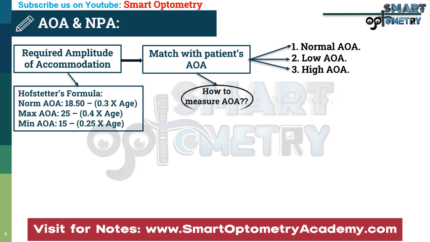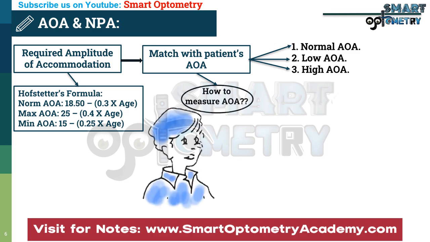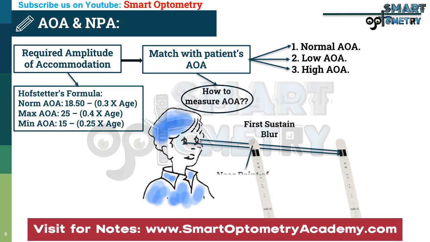How to measure amplitude of accommodation? Amplitude of accommodation can be simply measured by asking the patient to focus at a near target that is readable, then push the target closer to the patient till the patient reports first sustained blur, that is near point of accommodation. Now measure the near point of accommodation, that is the distance from the lateral canthus to the target, in centimeters.